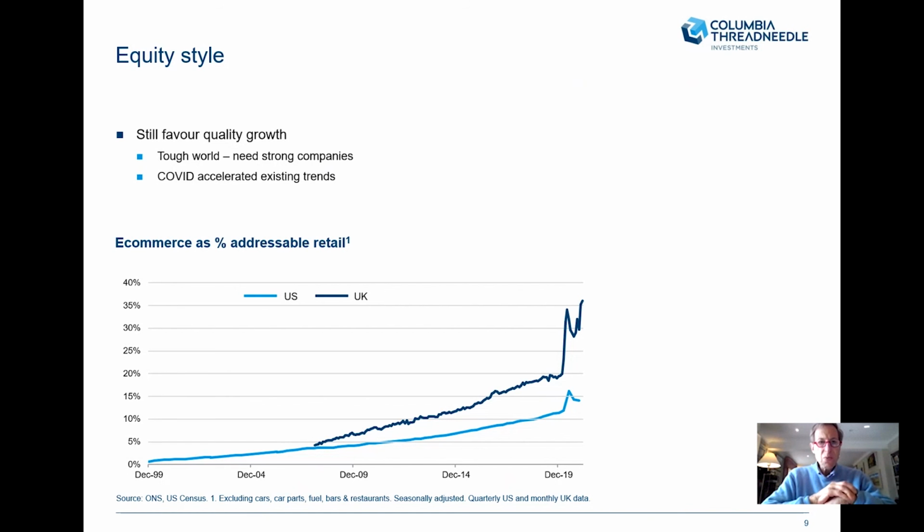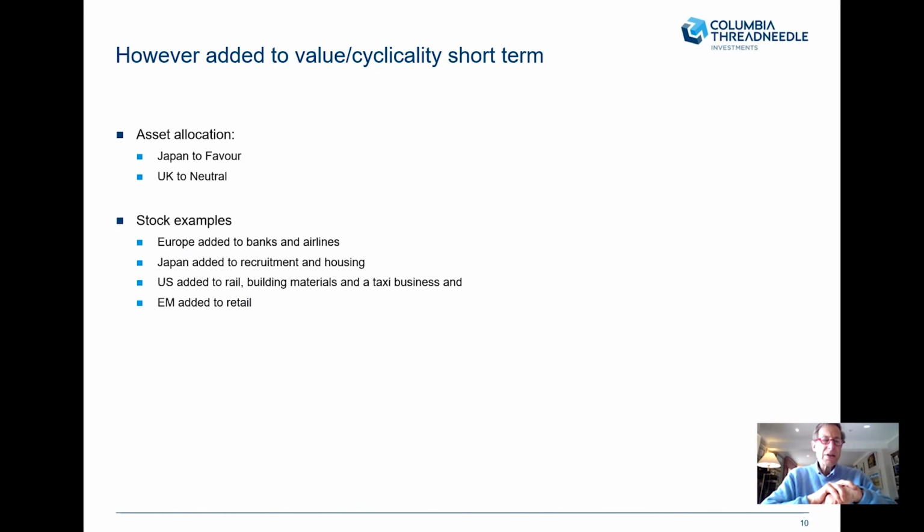Having a bounce, so we have added a bit to cyclicality and value. If we look at the next slide, it shows some of the things we've done. From an asset allocation perspective, we've added Japan to our favored list. I said Japan was very much a market driven by global trade, so that should benefit from the cyclical pickup in economic activity.